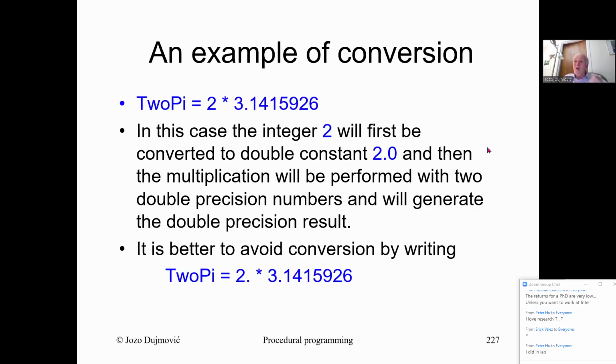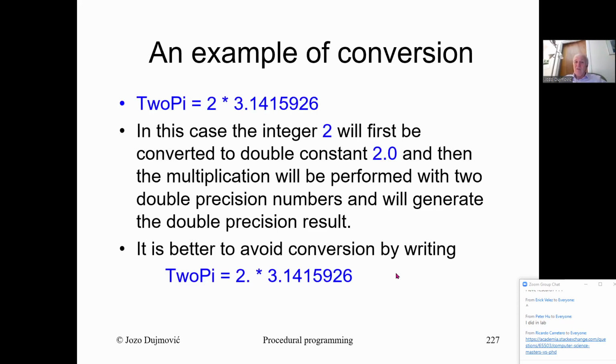However, nobody on this planet is going to avoid converting this to real. That's the tragedy. So the program should be written 2 dot times 3.14. If you write this way, you eliminate the conversion from 2 to 2 dot.